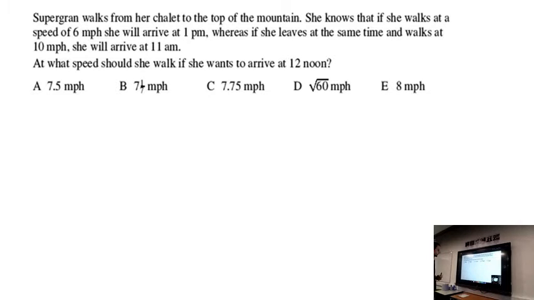Okay, so what do we know about Supergran? So when she's traveling at a speed of 6 miles per hour, the speed is equal to 6, she'll arrive at 1 p.m. So here, let's call the time t, and the distance, let's call it d.